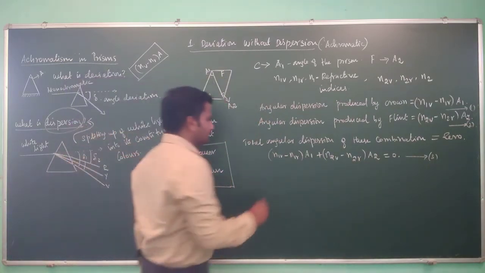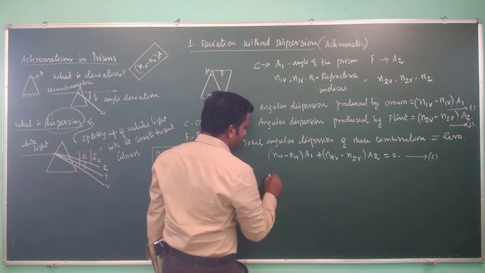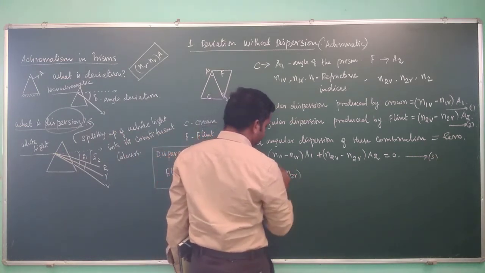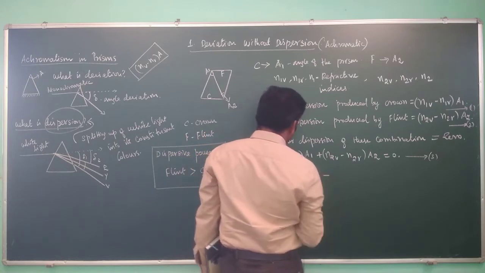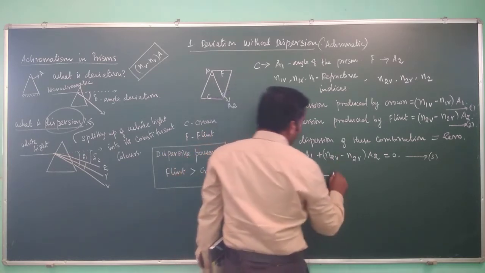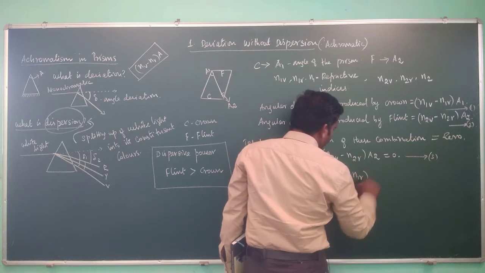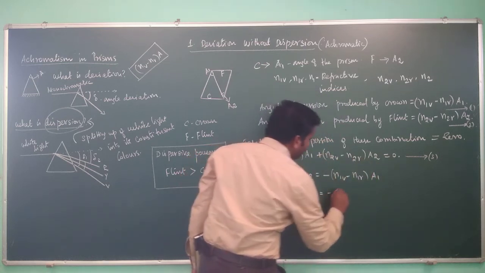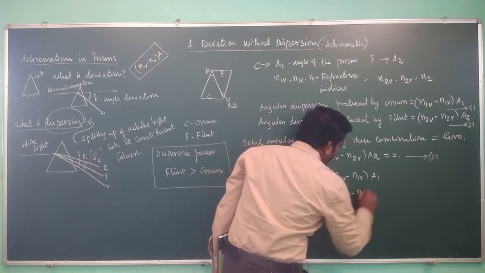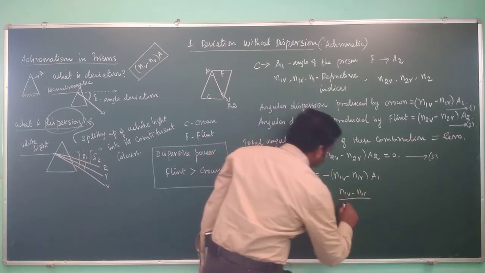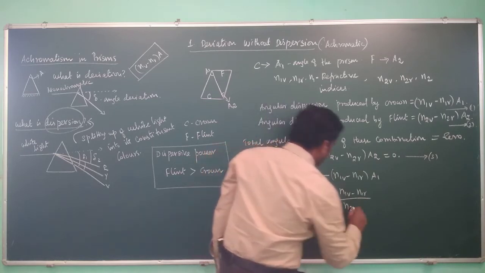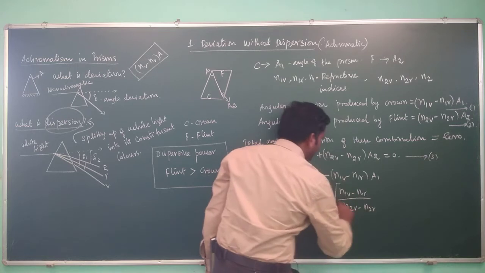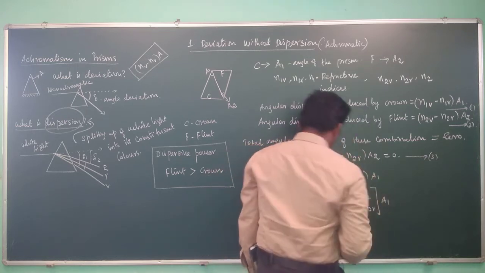Now let's write this equation for A2, so that N2V minus N2R into A2 is equal to minus, this will go to the right side, N1V minus N1R multiplied by A1. If you write the equation for A2, this becomes minus of N1V minus N1R divided by N2V minus N2R multiplied by A1.